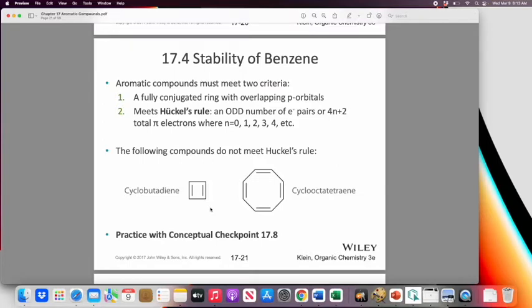All right, so in order to be aromatic, you have to have a fully conjugated ring. Rule number 2 is what's called Huckel's rule. There needs to be an odd number of electron pairs in that conjugated ring.